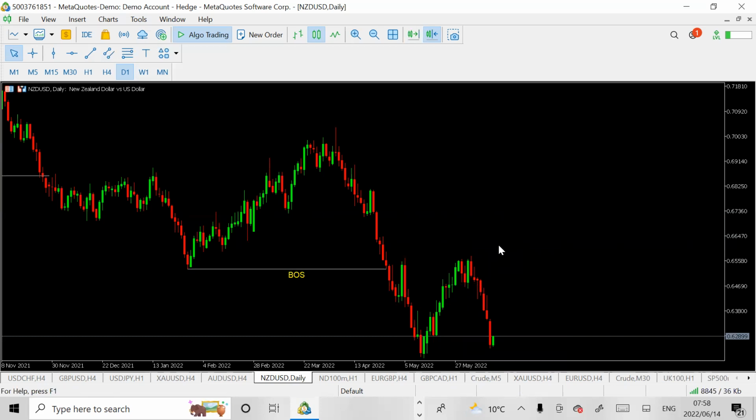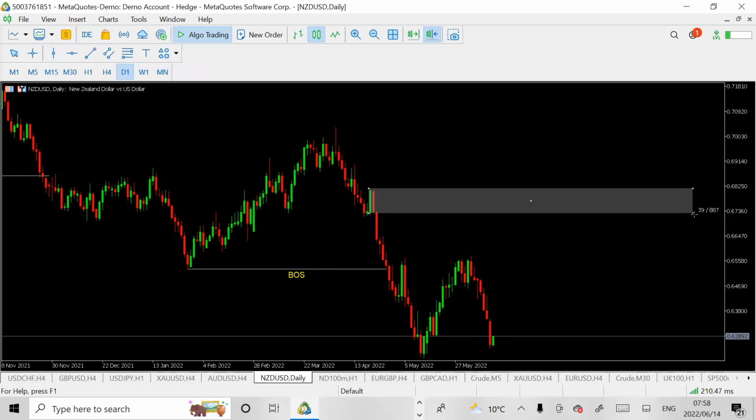A retest. As you could see, when it broke structure, price came and made a retest, though it never went straight to the daily order block which created the break of structure.